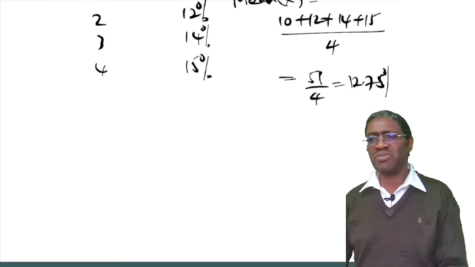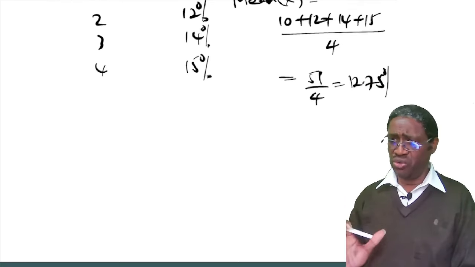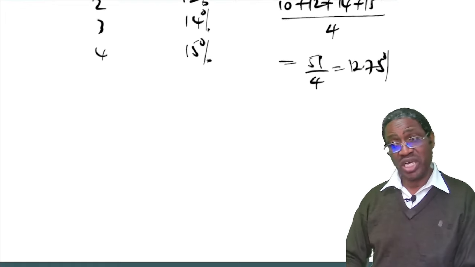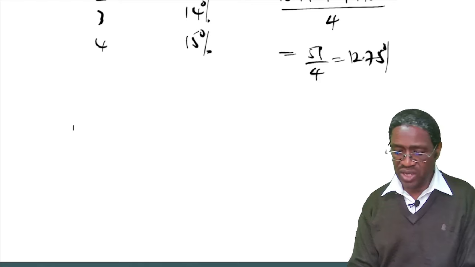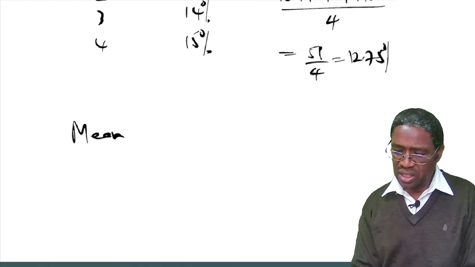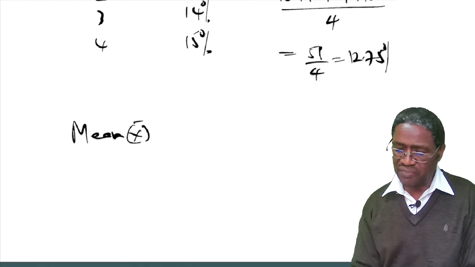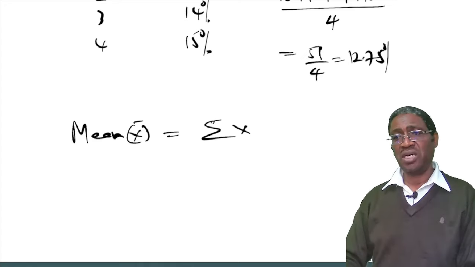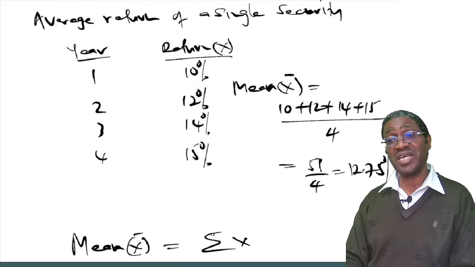Now, let me develop a formula that we shall be using to calculate the return on a single investment. We calculate the mean, which I am saying is X bar. We shall be getting the mean by taking the summation of X, where X is what I was representing as the returns.